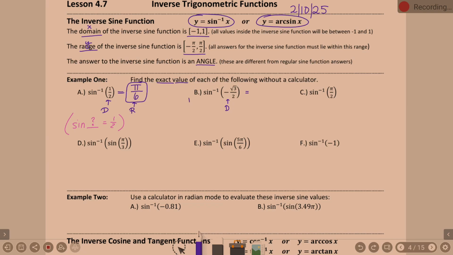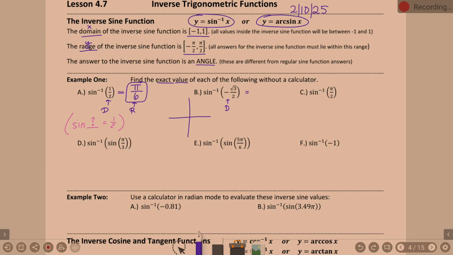You guys with me? Okay, and again, I said forget the negative for a moment, because we're going to talk about how to deal with it. But the sine of pi over 3 is equal to square root of 3 over 2.